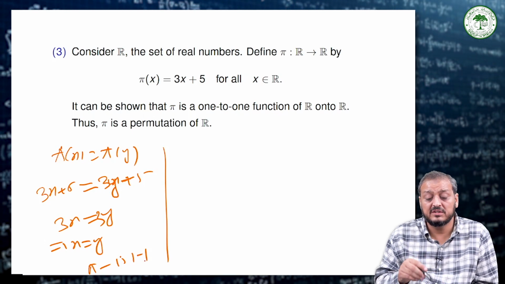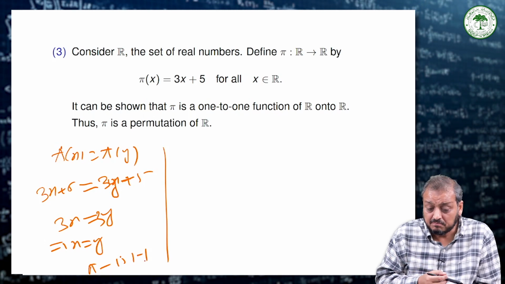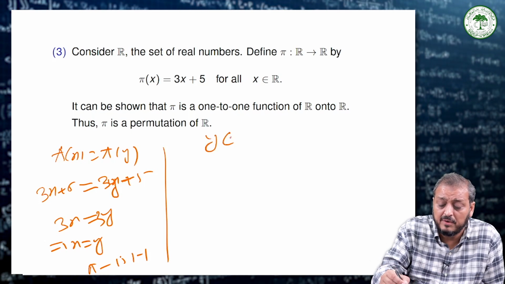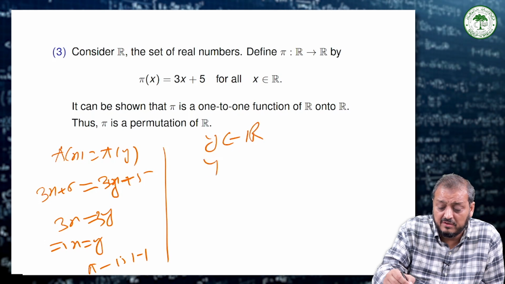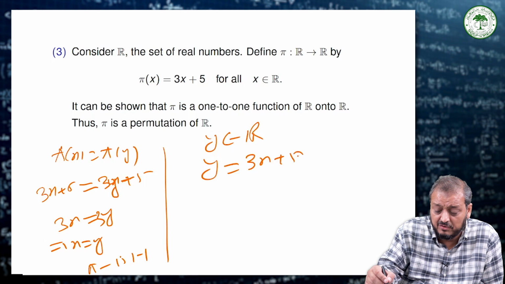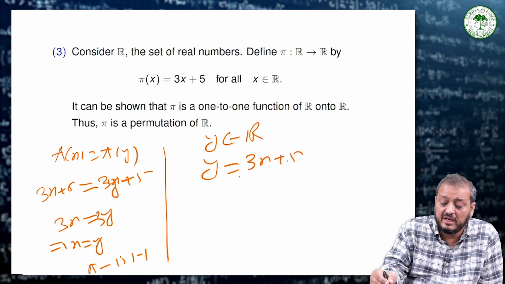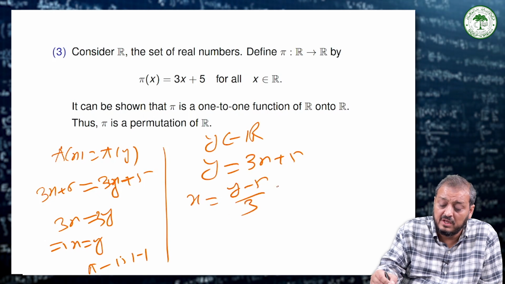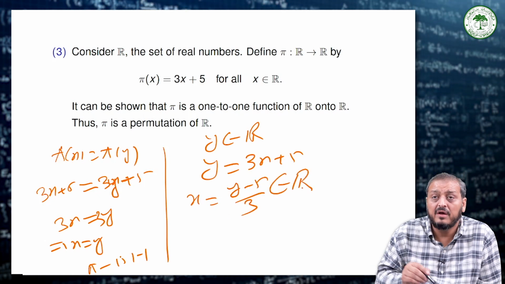Now, we have to show that this is onto. For every y that is an element of R, y can be written in the form 3x plus 5. So, we can say that x can be written as y minus 5 by 3, and this is also some real number.